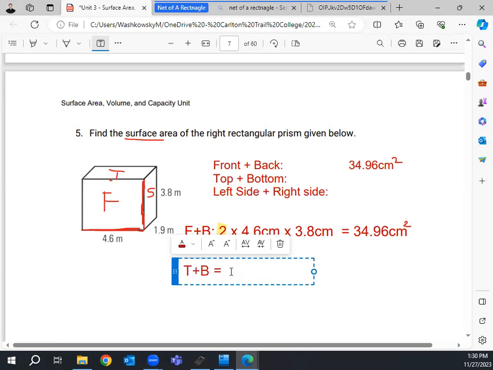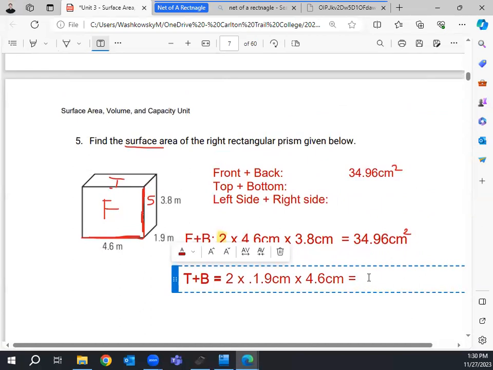What did I say? It was 1.9. So I'm going to go 2 because I need to double it. So 2 times 1.9 centimeters times 4.6 centimeters. It's really easy to make mistakes with this. We have lots of numbers, and it's multiple steps to solve. Maybe you accidentally multiply by 3.8 instead. That's why it's important to show your work. By the way, these are meters. Oh, they are meters. Okay, whoops.